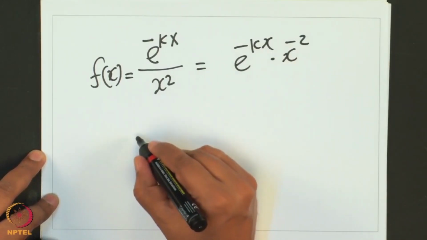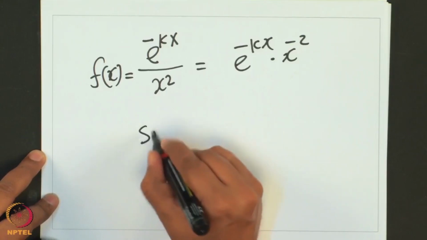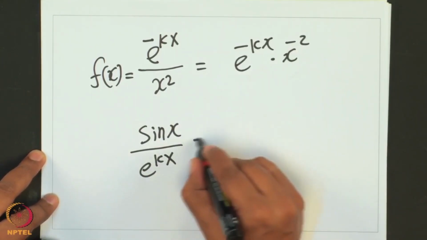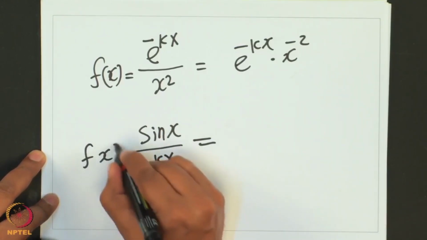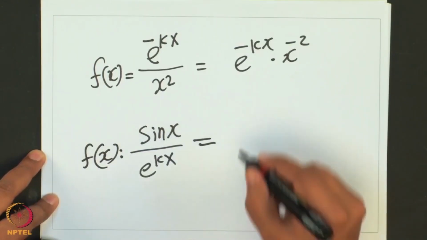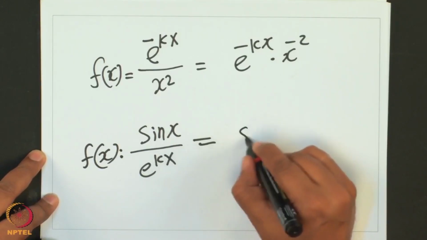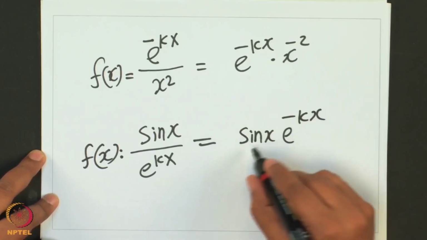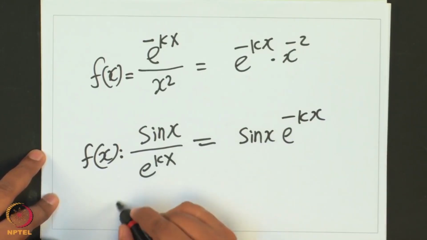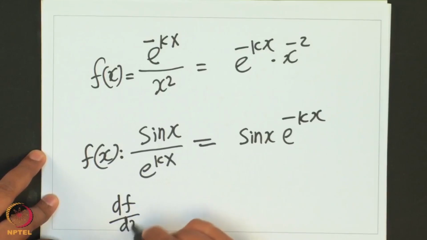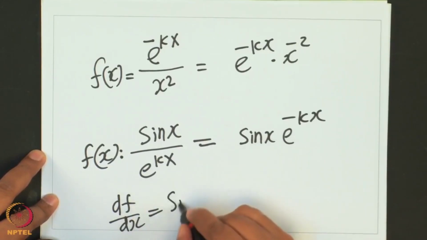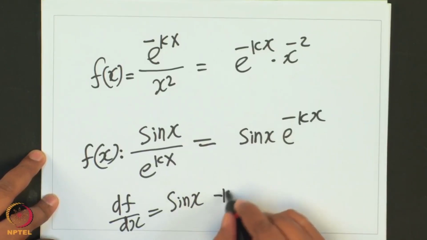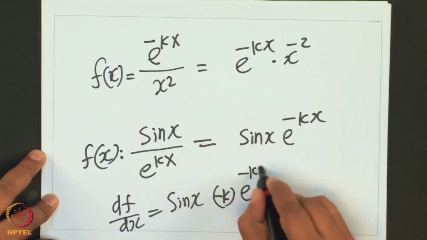If I have sin x divided by e power kx, and this is my f of x, I would write this as sin x e power minus kx, and then I will find the derivative of this. If I want to find df by dx, I would keep sin x constant and find the derivative of e power minus kx, which is minus k e power minus kx.